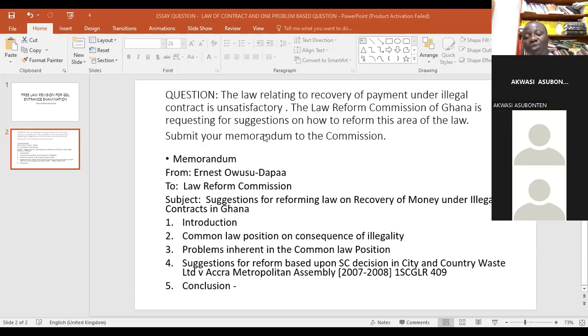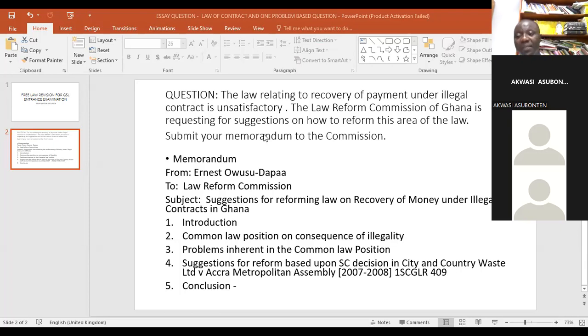But the truth of the matter was that the city and country waste had actually been providing significant service under the contract. And when time came for payment to be requested and all that, then they are met with the defense of illegality, that this contract that you are seeking to recover payment under was actually concluded in defiance of or in breach of statutory requirements for making a contract involving the Accra Metropolitan Assembly.